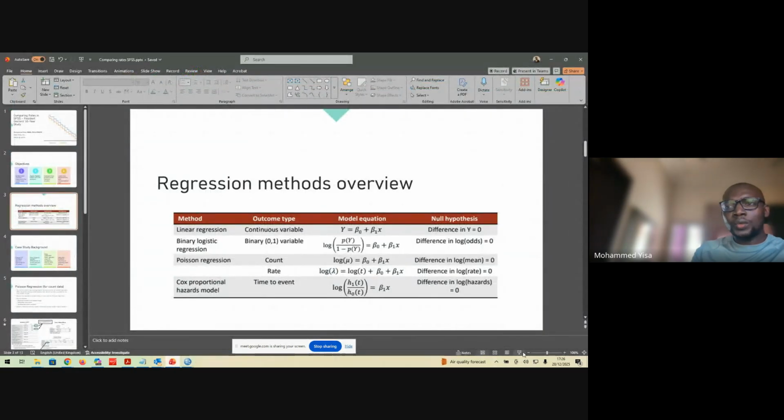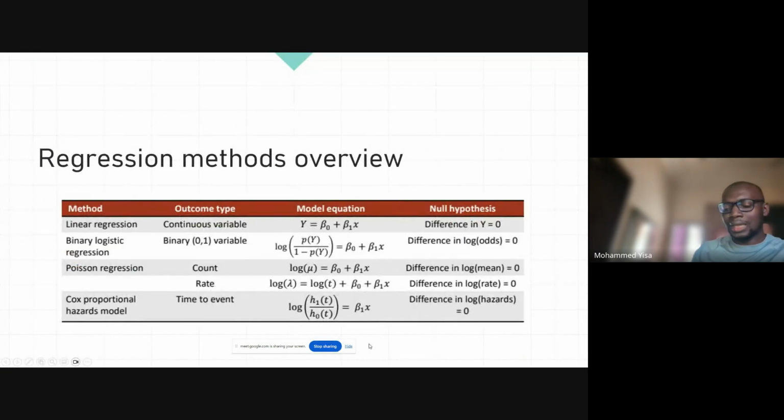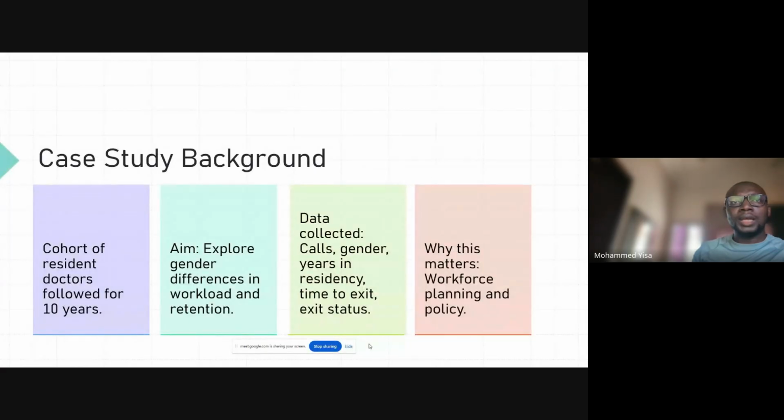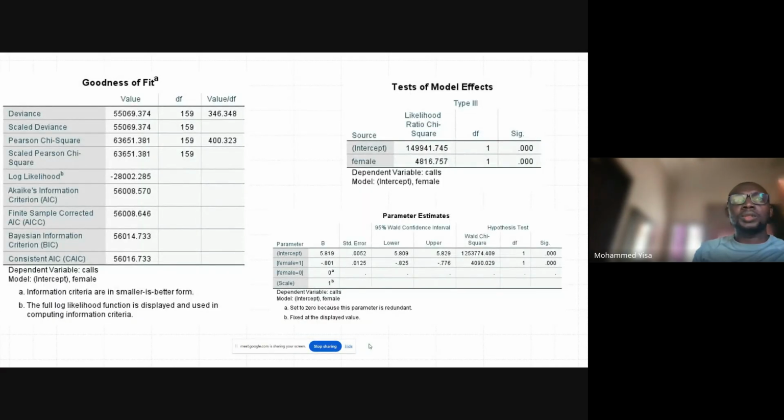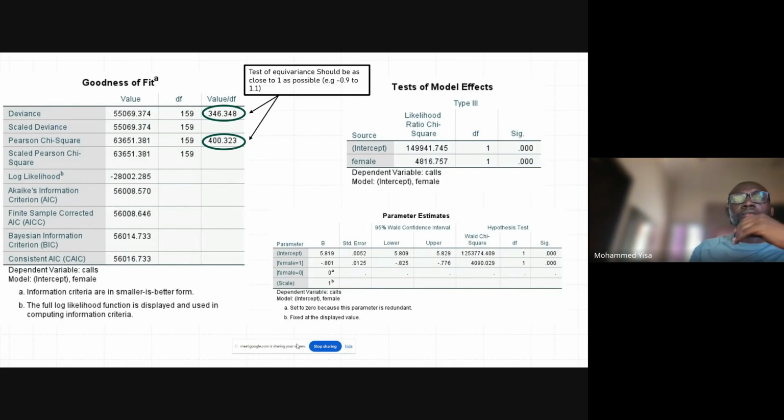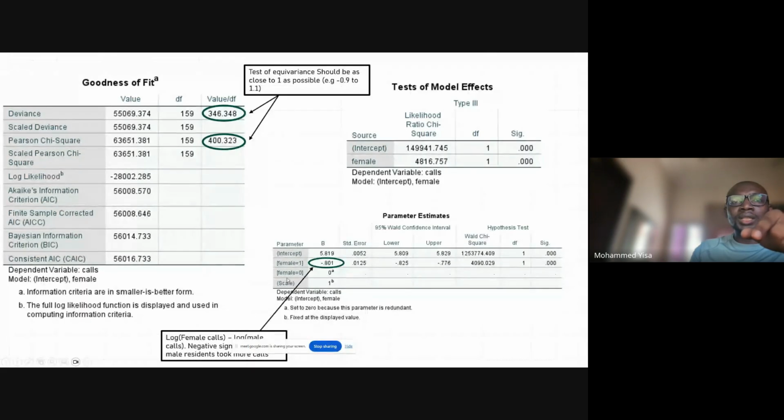Now I'm just going to enlarge this and demonstrate this same table that we have seen on a larger screen. Sorry, this is what I mentioned earlier about the test of equivariance. And then this is the intercept, right?